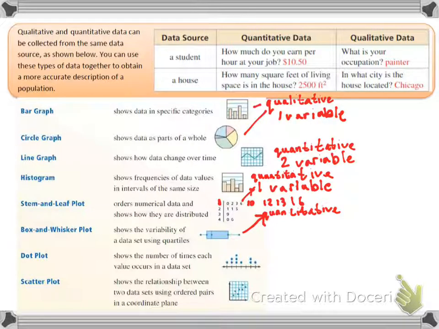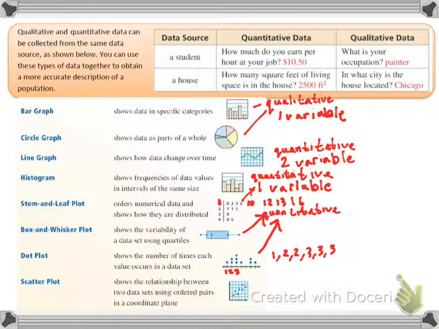Dot plot, similar thing. This is a numerical quantitative graph. It only uses one variable. Each time you see a dot repeat, that just means that number happened that many times. So this data set could represent 1, 2, 2, because I had 2 of those. Then I'd have 3 3s.